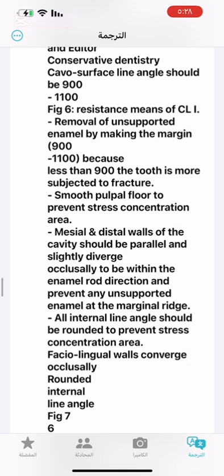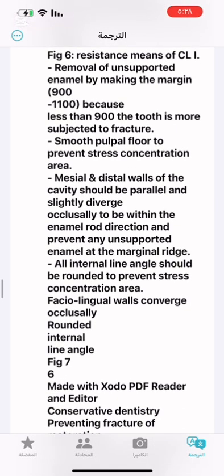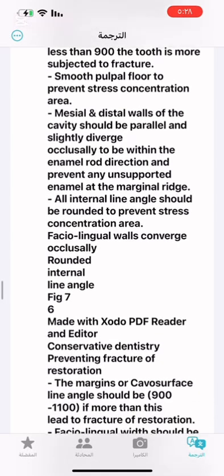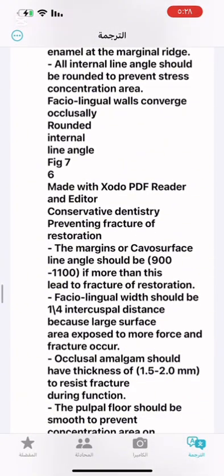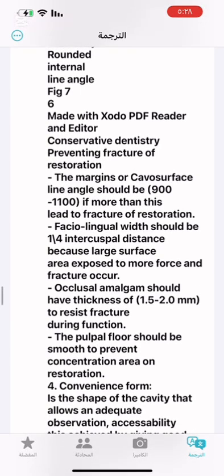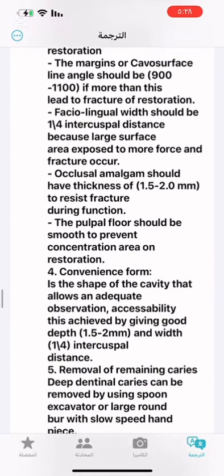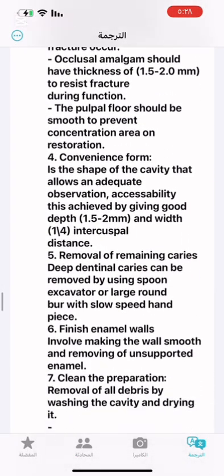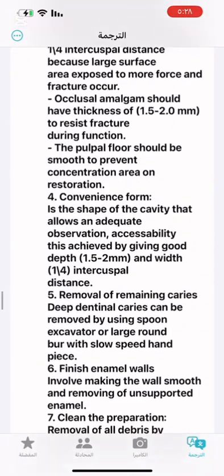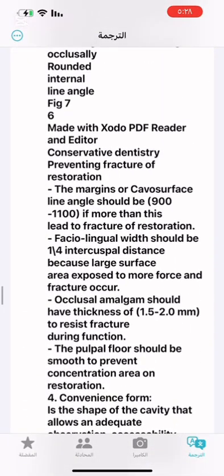Class VI: incisal edge of anterior teeth or cusp tip of posterior teeth. Objectives of cavity preparation. 1. To remove diseased tissue as necessary, and at the same time provide protection to the pulp. 2.